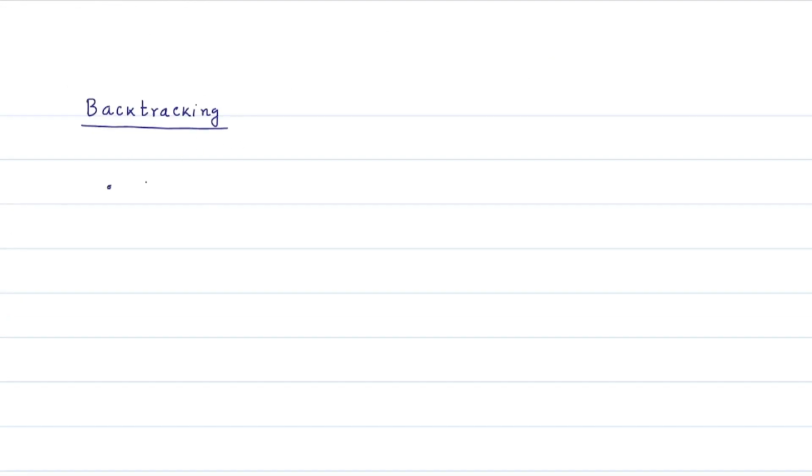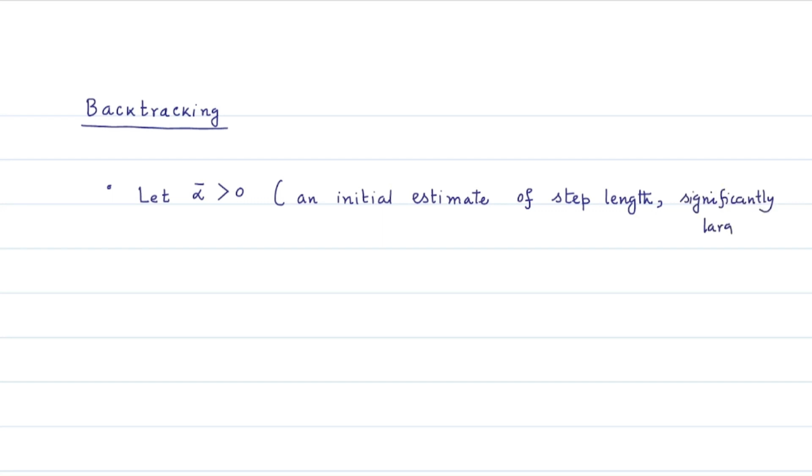We start the process with an initial estimate of the step length, say alpha bar, which we choose a bit significantly larger, and provide a fraction to backtrack, say tau, that lies in between 0 and 1. Then backtracking checks over a sequence of values for the step length.